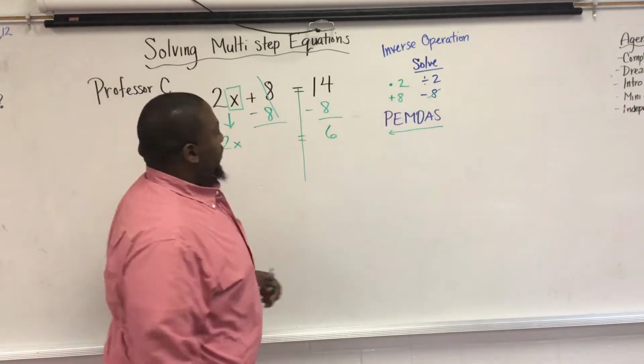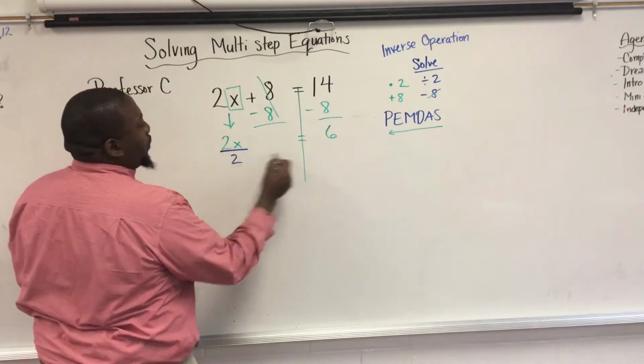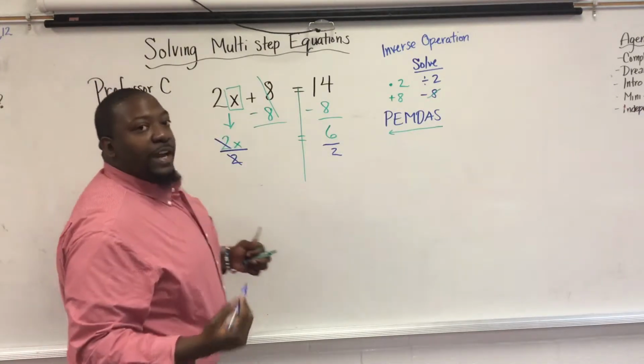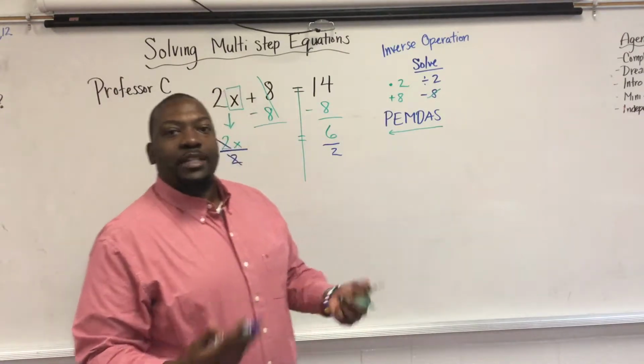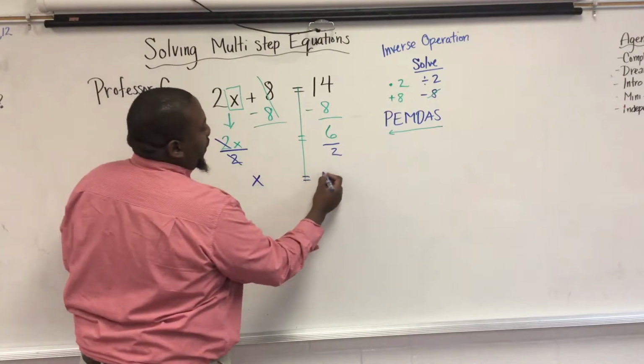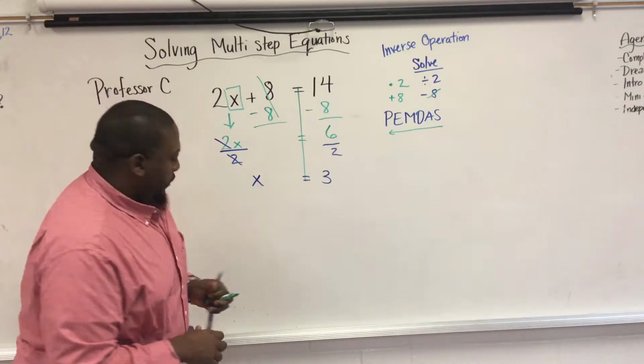Division. So I want to divide by 2 on both sides. When I divide by 2 on both sides, 2 divided by 2 is simply 1, so that's why it cancels out. And I'm left with x is equal to 3. Okay, good.